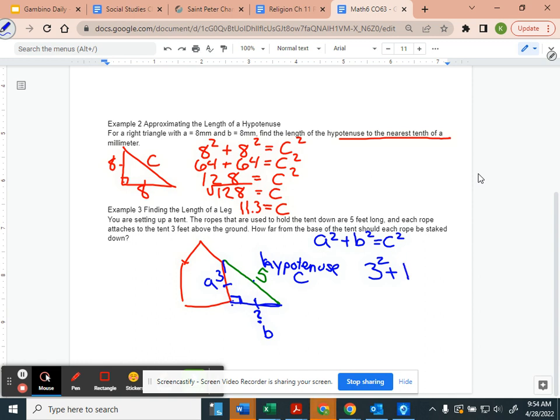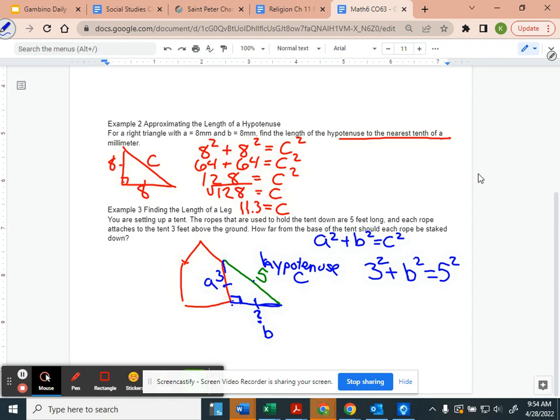No, so we're going to put it as our variable, B squared, because we don't know that one. Equals what? Equals C squared. Do we know what C is? 5 squared. Don't forget your squares.